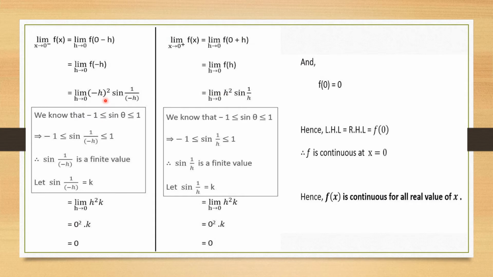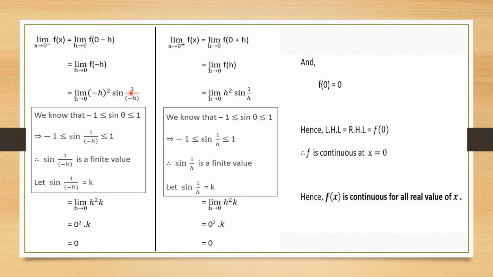Now what is going to be here? If I put the limit directly, see, this is very important. If I put the limit directly, what is going to happen? Do you think it is turning out to be 0? If you think so, you are wrong. Why? Because if I put the limit h as 0, it will become 0, no problem. Sine 1 upon 0. Sine 1 upon 0 is infinity.